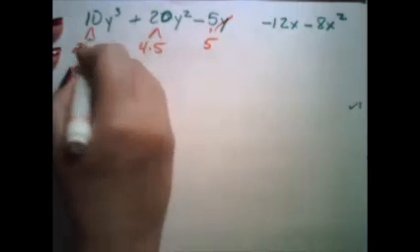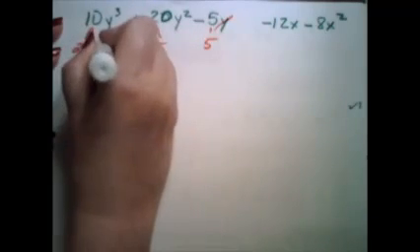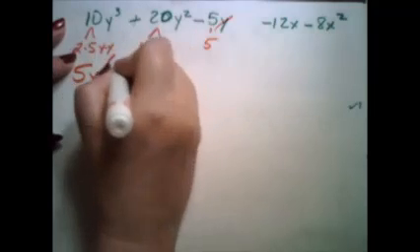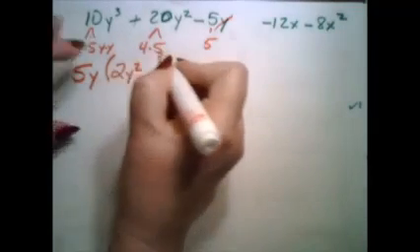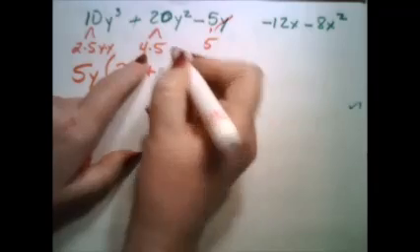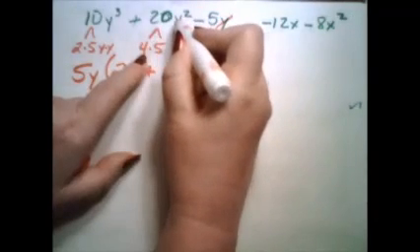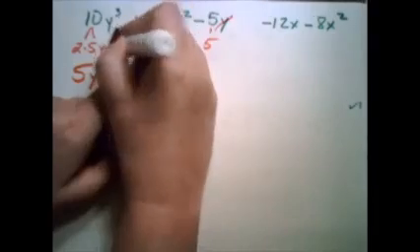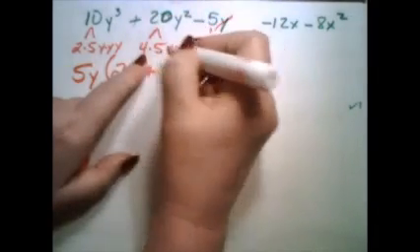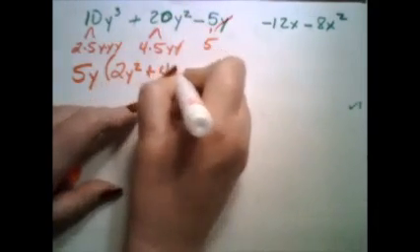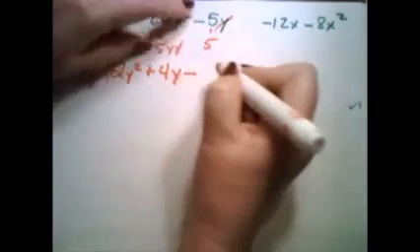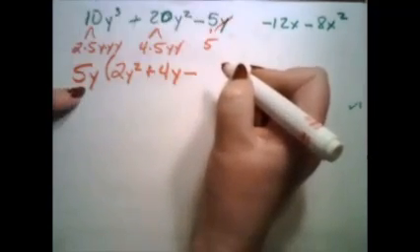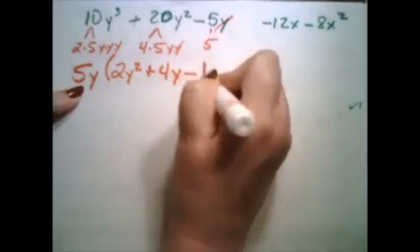If I take 5y out of this, I have 2 and 2 y's left over, 2y squared, plus I've got a 4 here and 1y left over because I used up one of them. So this is going to be 4y minus, and I'm taking that 5 out, and I took that y out. All I have left is 1.